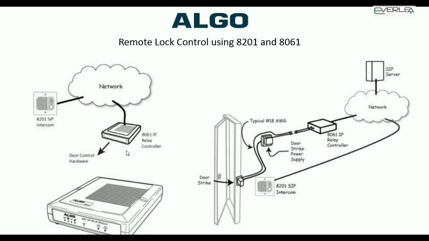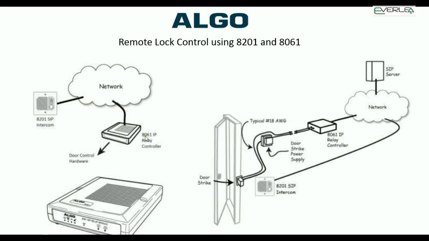By using the 8061 controller, which is this unit here, another standard off-the-shelf Algo unit, we can have the 8201 trigger an unlock code, and it will go to the 8061, which will then fire a relay which is on board itself.